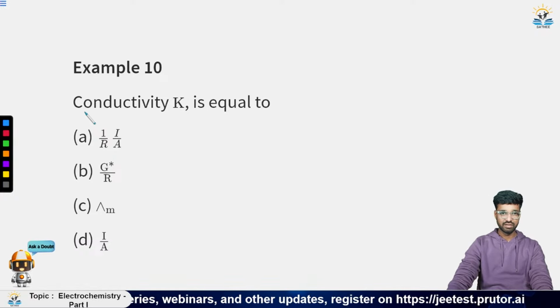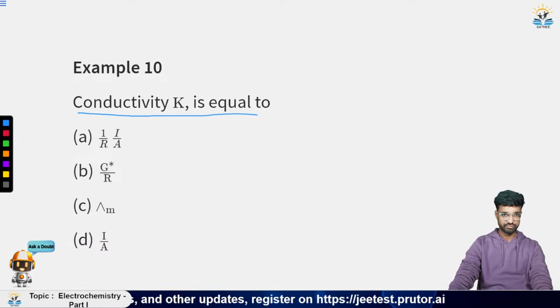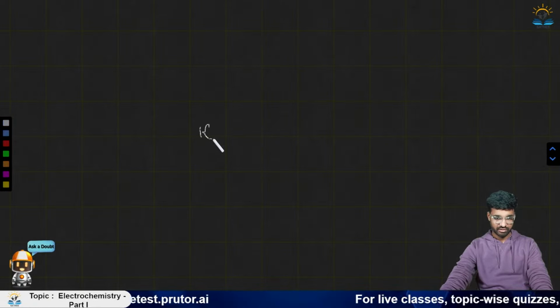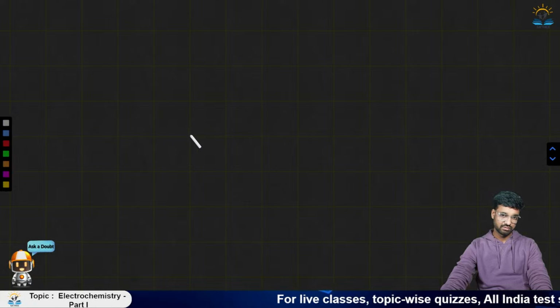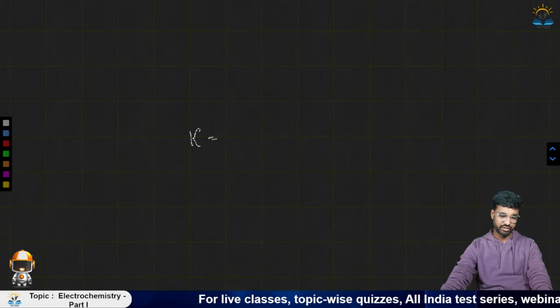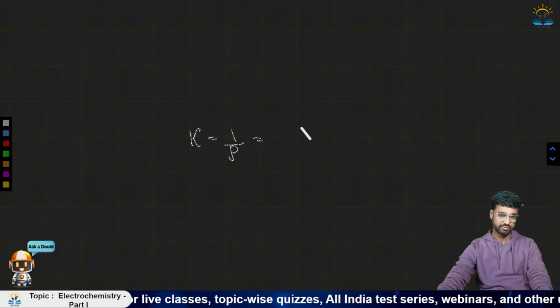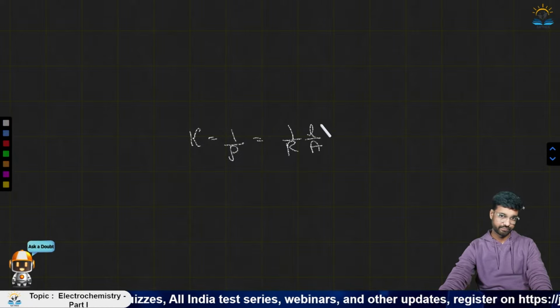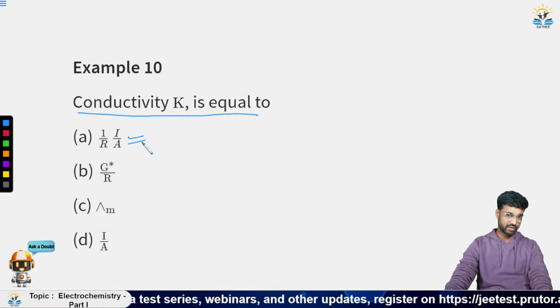Now, the next one is: conductivity is equal to what? What is conductivity? It is kappa, or you can say 1 by rho, 1 by R, L by A. So this is the correct formula.